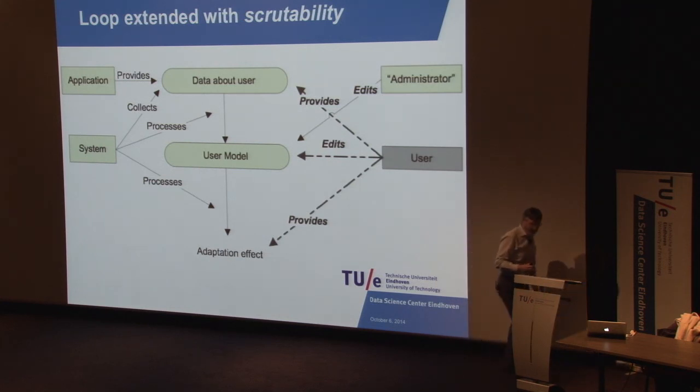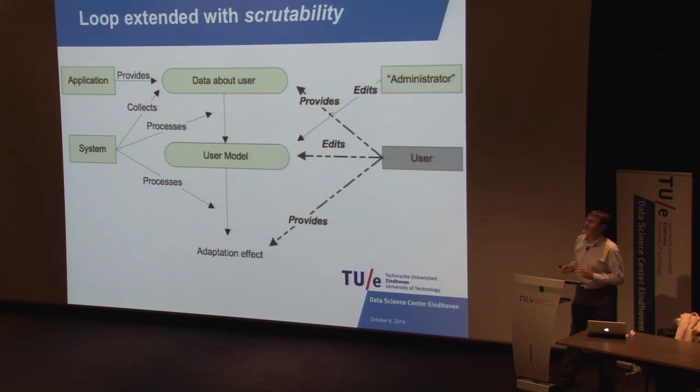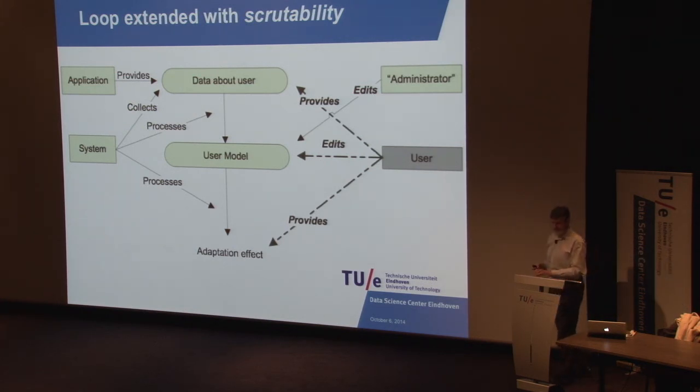This scrutability becomes essential because the law is increasingly requiring it. We have the right to know what the Googles and the Facebooks of this earth have registered about us, and we can also explicitly ask them to make corrections.